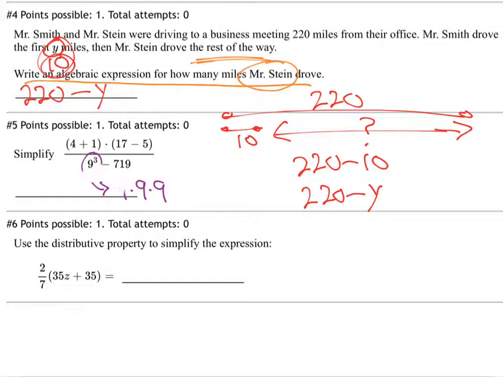All right, let's take a look. But that can be simplified too. So the top, 4 plus 1, is going to be 5. And 17 minus 5 is going to be 12. The bottom, 9 to the third power, 9 times 9 times 9 is 729.